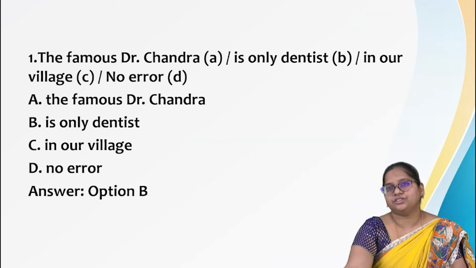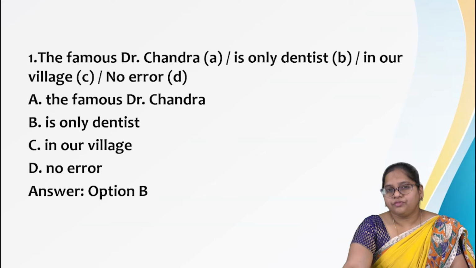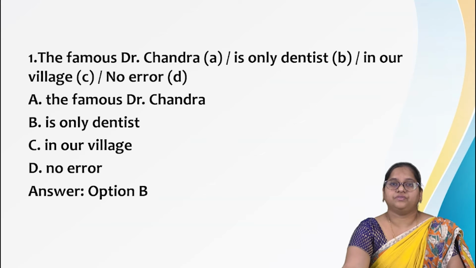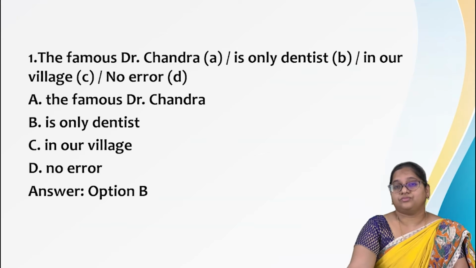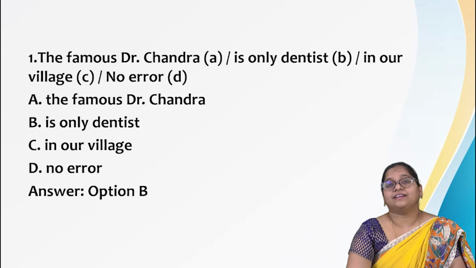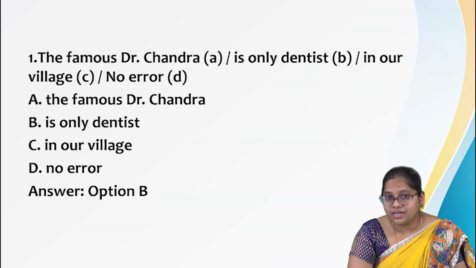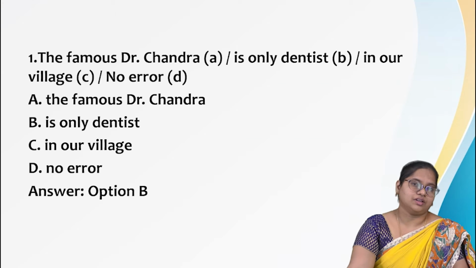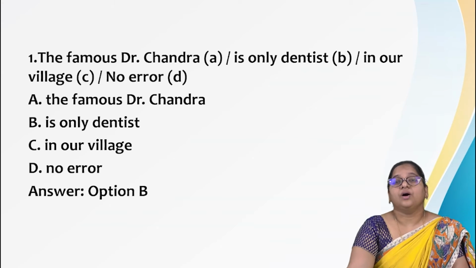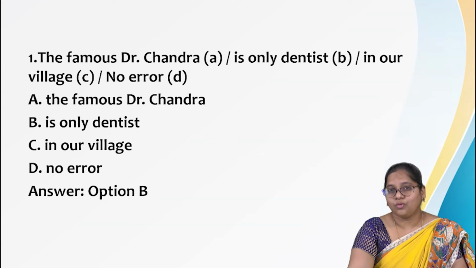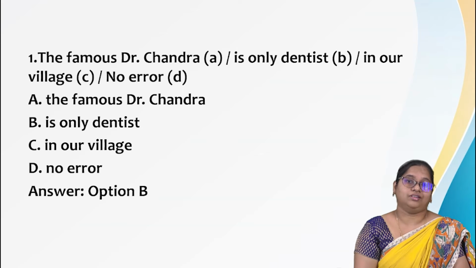Now, let us settle the issue. The famous Dr. Chandra is only dentist in our village. When you say he's Dr. So-and-so and he's only dentist, you're trying to limit the dentist to one single person. "Is only dentist" means only one person, that there are no other dentists.